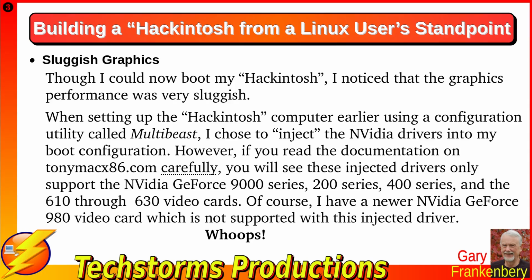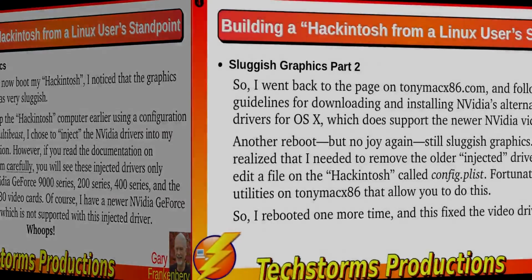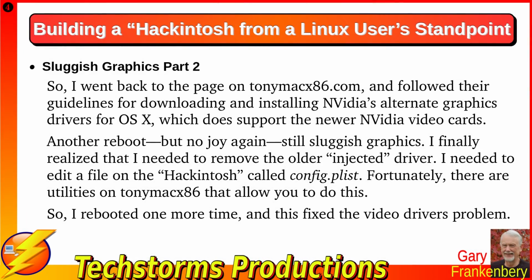Of course, I have a newer NVIDIA GeForce 980 card. Whoops. So I went back to the page on TonyMacX86.com and followed their guidelines for downloading and installing NVIDIA's alternate graphics drivers for OS X, which do support the newer NVIDIA video cards.